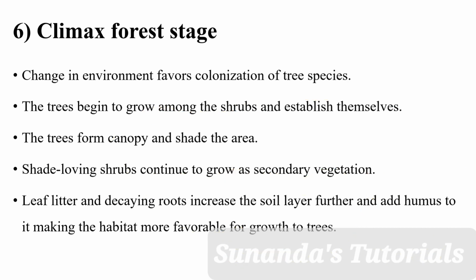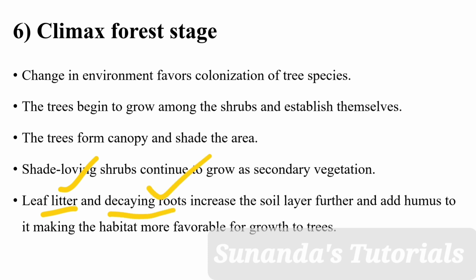Then leaf litter and decaying roots increase the soil layer further and add humus, making the habitat more favorable for the growth of the trees. Humus is a natural fertilizer and it helps the plants to grow better. So the leaf litter, the leaves of the large plants, fall on the soil.